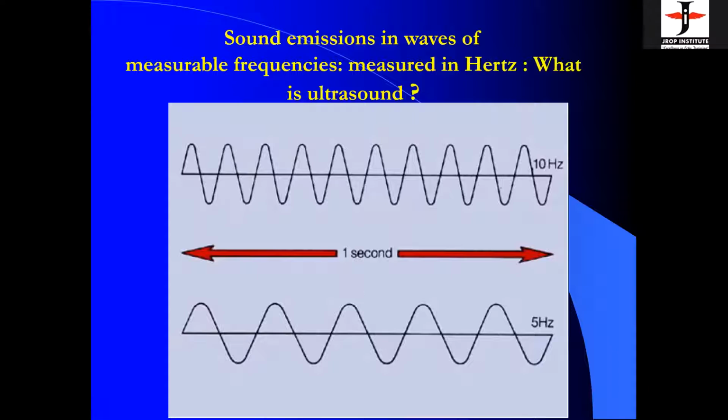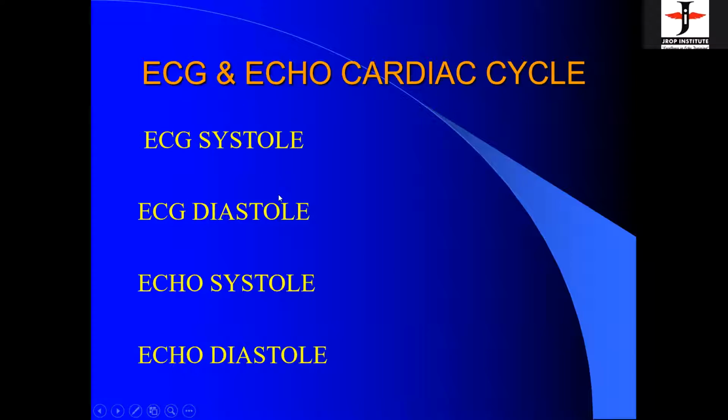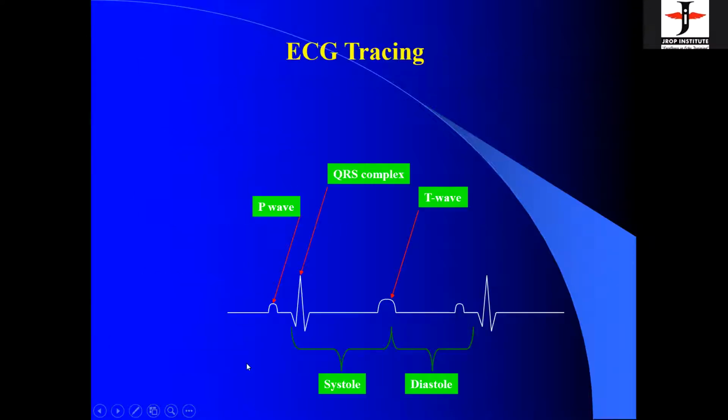Now comes something you must have forgotten by now: ECG systole, ECG diastole, echo systole, echo diastole. You see this is an ECG tracing: this is a P wave, this is a QRS complex, this is a T wave, and this is a P wave.